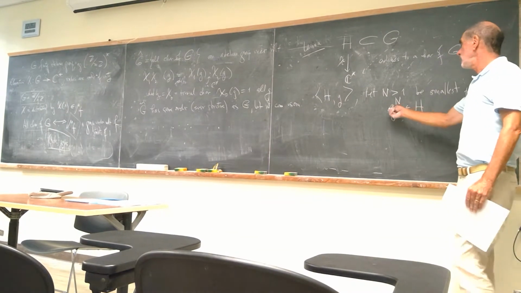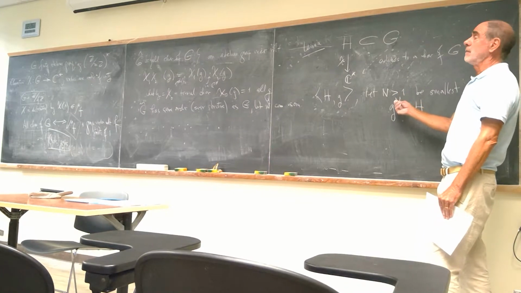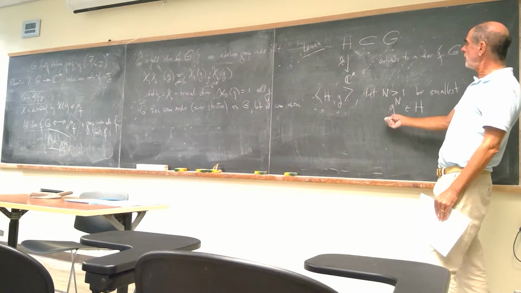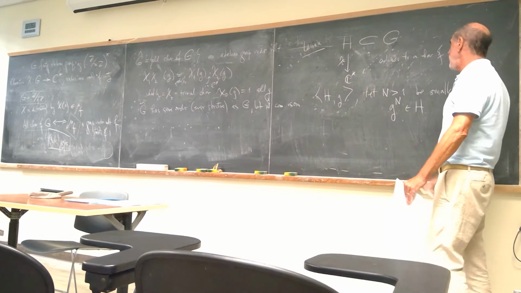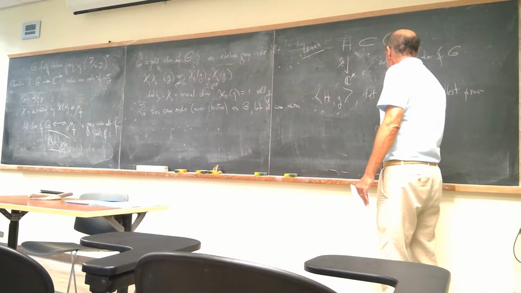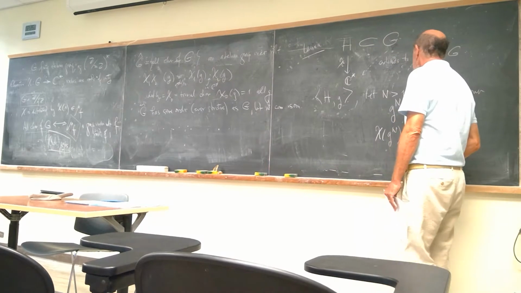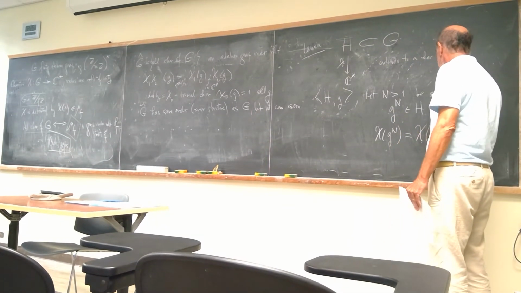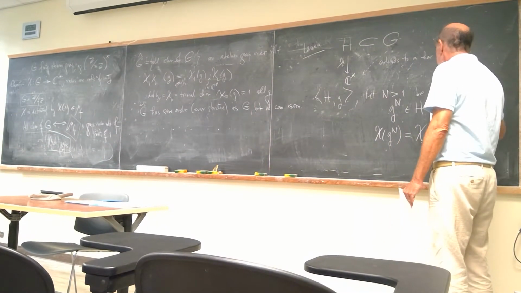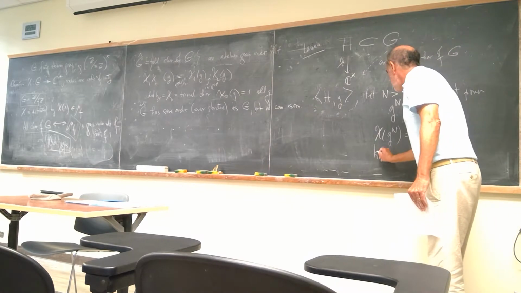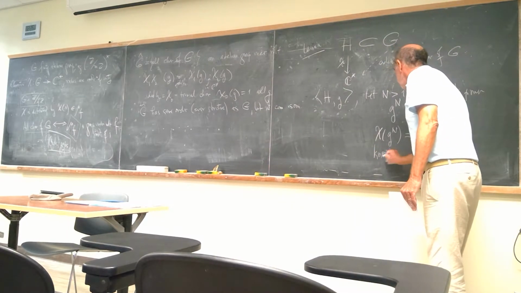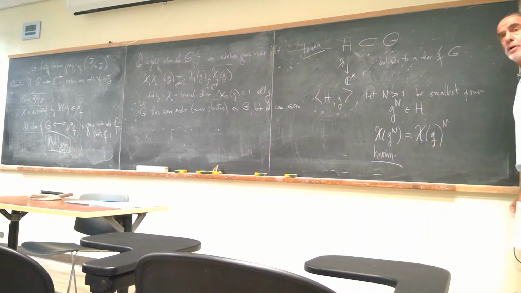So some power of it is the identity, so that's certainly in H, and then you take the first power of it, which is in H. Well then, we want to try to define chi of g. We know what chi of g to the n is, and if it's going to be a character, that has to be chi of g to the nth power. So this is known, right, because it's in H.